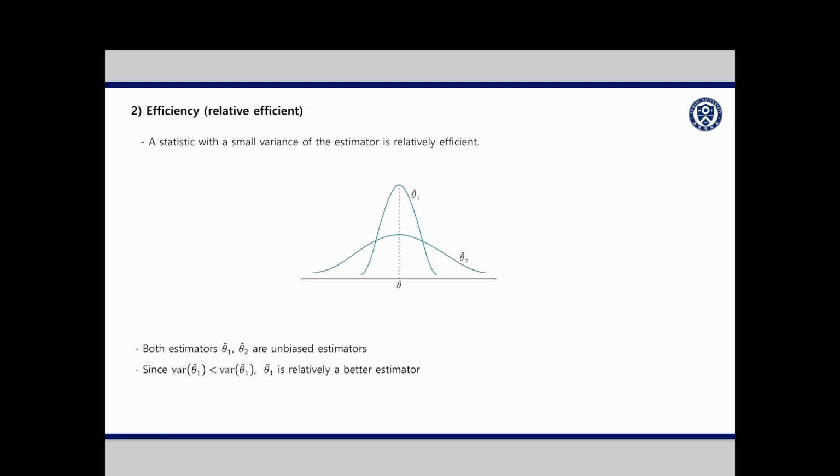The second property is efficiency, also called relative efficiency. As you know, an estimator has its own distribution, like this, and the estimator has a variance.